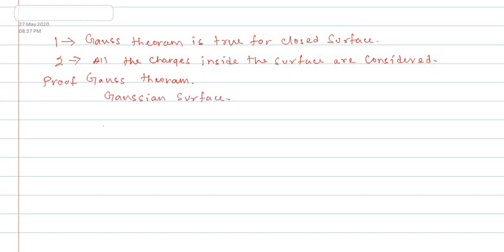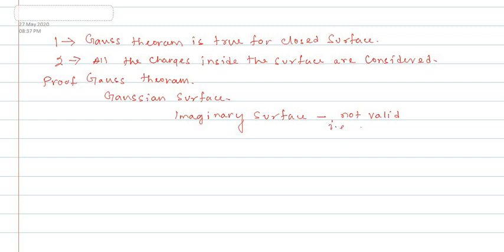What do you mean by Gaussian surface? Remember, this Gaussian surface is nothing but an imaginary surface. What do you mean by imaginary surface? That means it is actually not real.